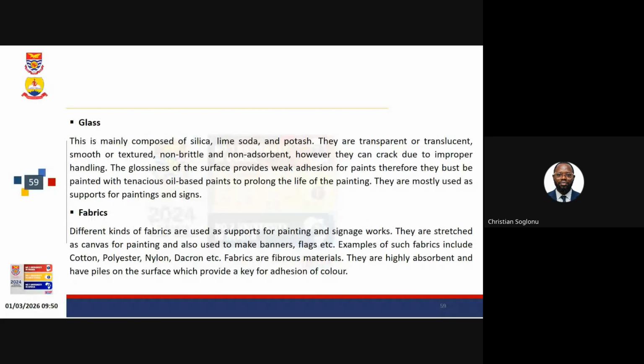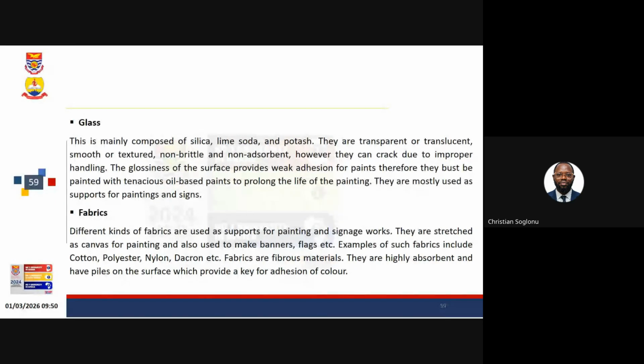We have glass, so you can use glass as support. Glass is mainly composed of silica, lime soda, and potash. It is transparent or translucent, smooth or textured, non-porous and non-absorbent. However, it can crack due to improper handling.